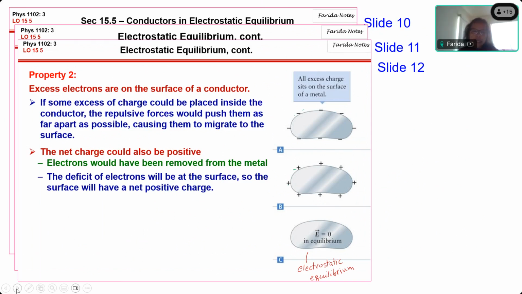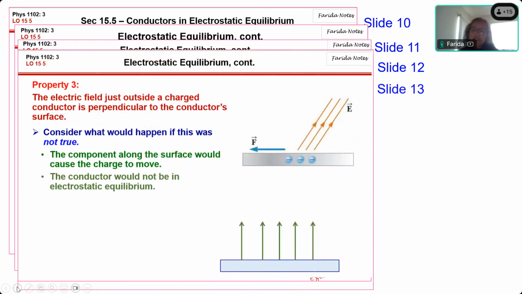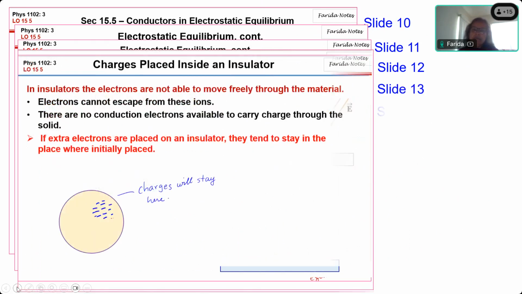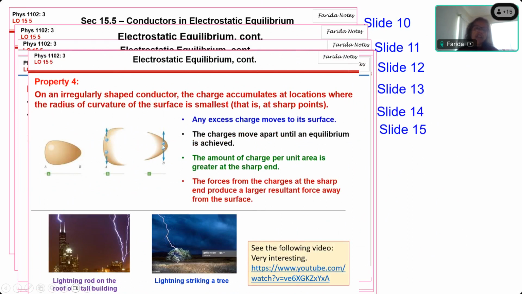Then property number 3 says that the electric field is perpendicular to the surface when it comes out of the conductor. And then insulators, the charges do not move, they just stay wherever you place them. And then 15 is that the density of charge is higher if you have a sharp corner.